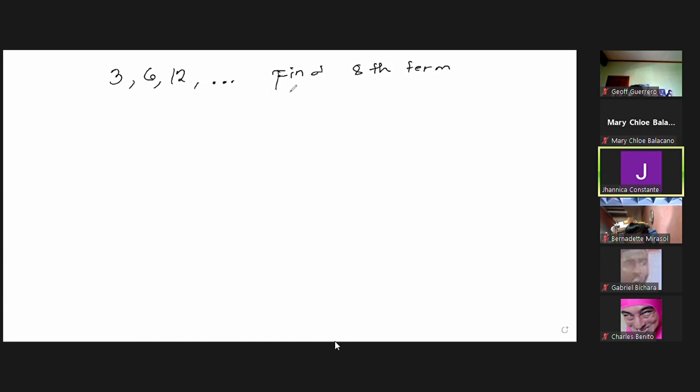Can you try to find what will be the eighth term of our geometric sequence?